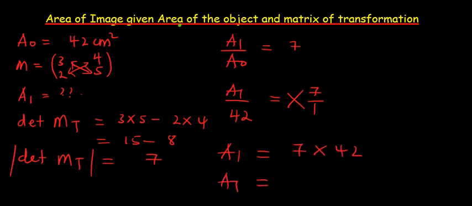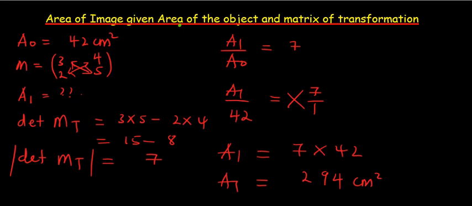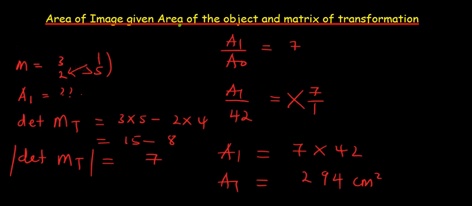So A1 is equal to 294 square centimeters. Example number 4, as we end the lesson.